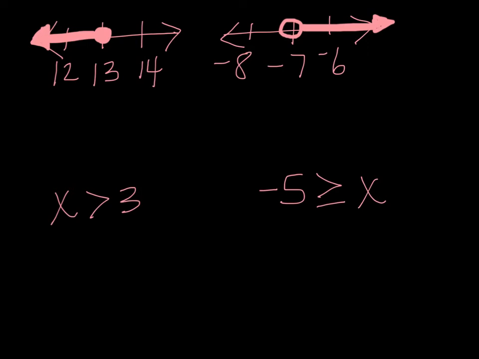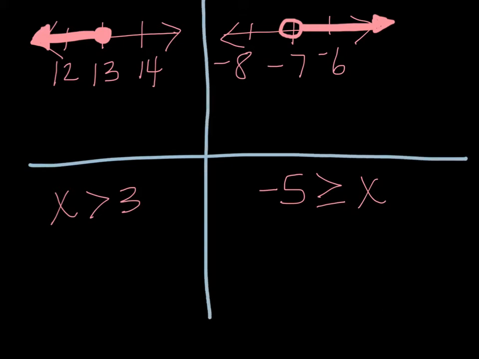On your homework, you may be given a graph and asked to write an inequality. And again, these are 4 separate problems that I have here. So when looking at this top problem right here, when we look at the dot being above 13, what we should know is that we are going to be comparing x to 13.